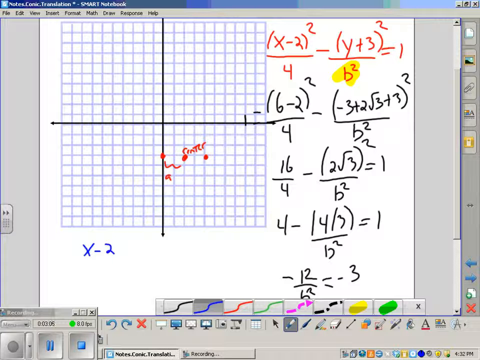I'm going to write it as clearly as I can. Okay, so x minus 2 squared over 4 minus y plus 3 squared over 4 equals 1.